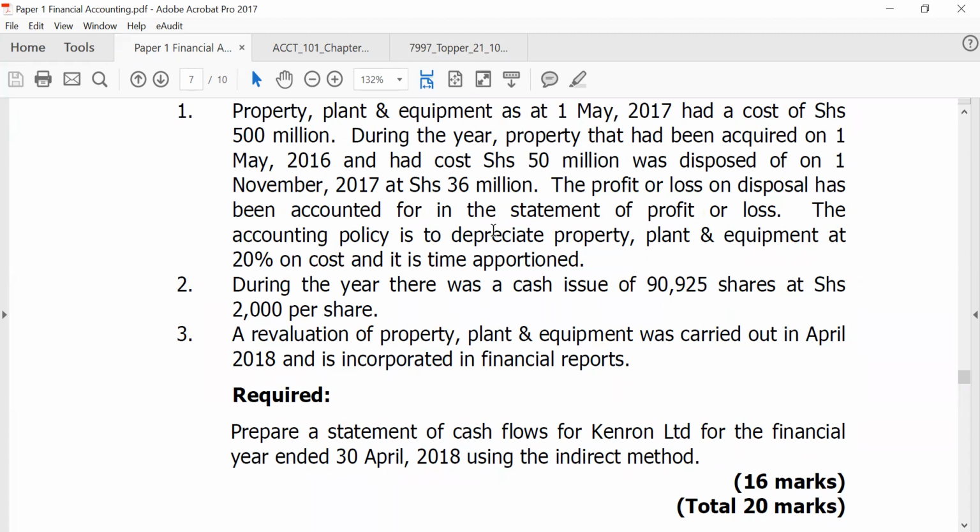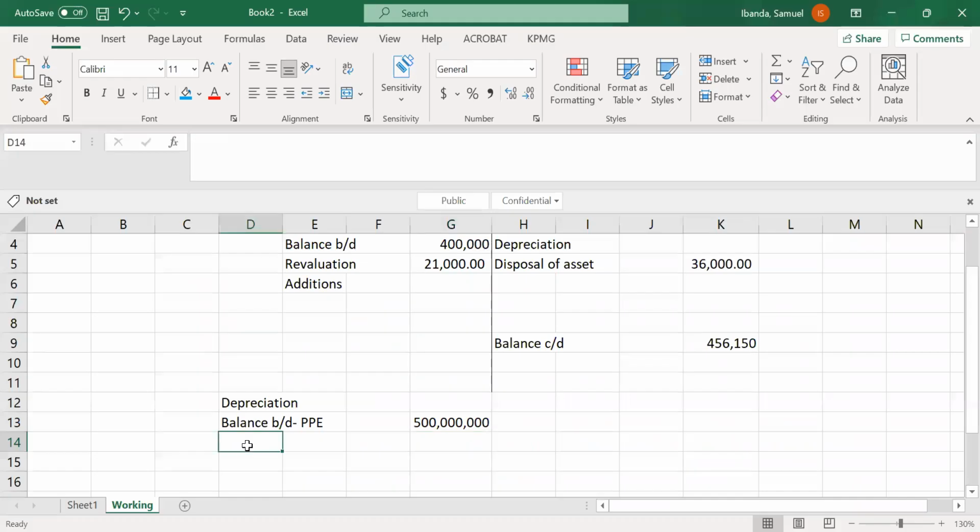So what that means is, look at here, they're telling us that the accounting policy is to depreciate plant, property and equipment at 20% on cost. And they're telling us that this is time apportioned. So that's why I'm trying to look at the 6 months. So when you come here to your calculation, we have the 500 million, but we also have what was disposed of.